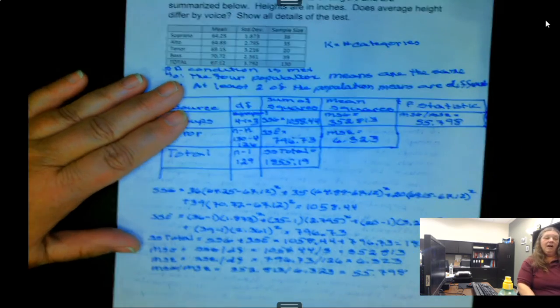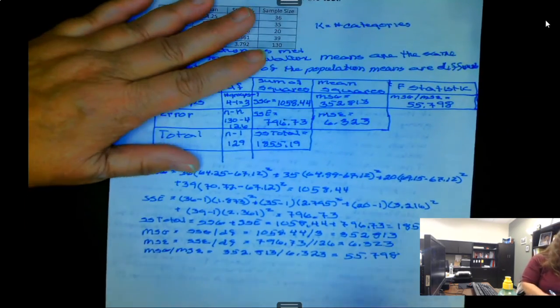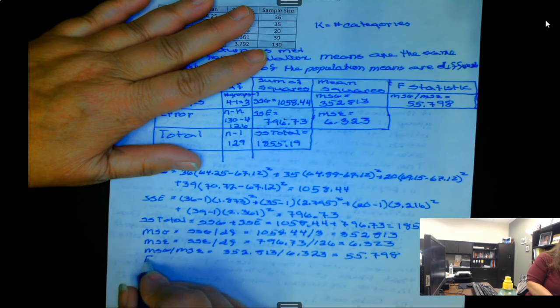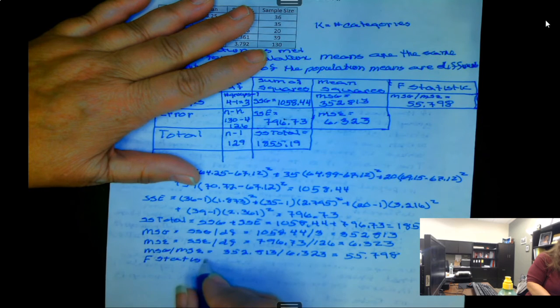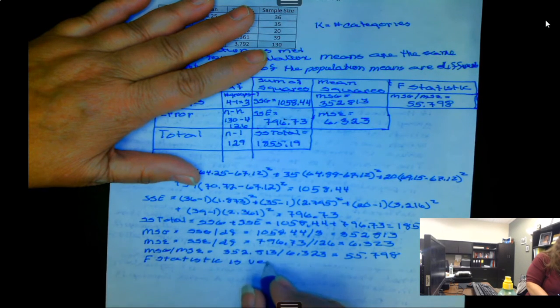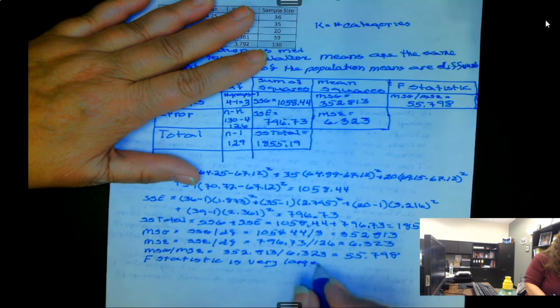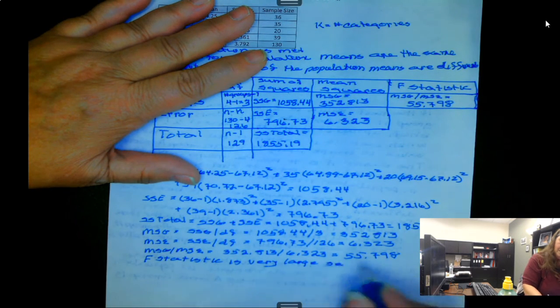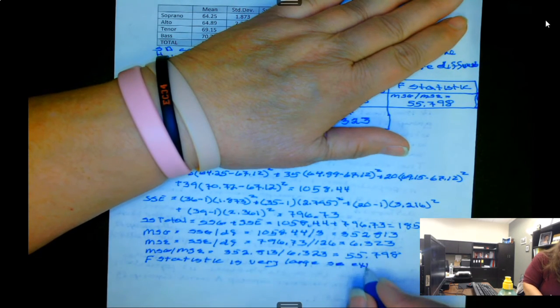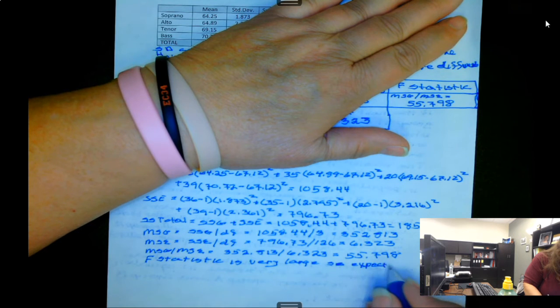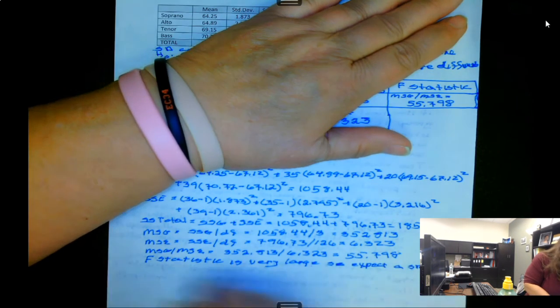So this is our F statistic. So our F statistic is very large. So we expect a small p-value.